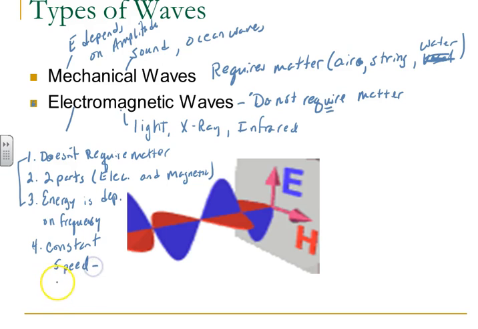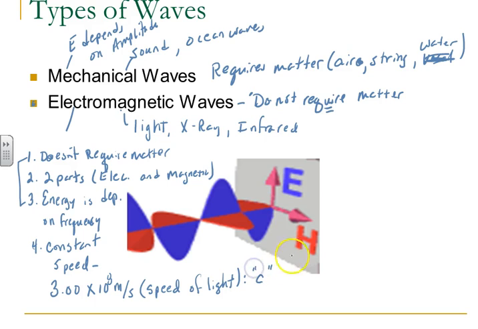That constant speed is 3.00 times 10 to the 8th meters per second. Speed of light. All electromagnetic radiation travels at the speed of light, and the symbol for the speed of light is c, for constant.